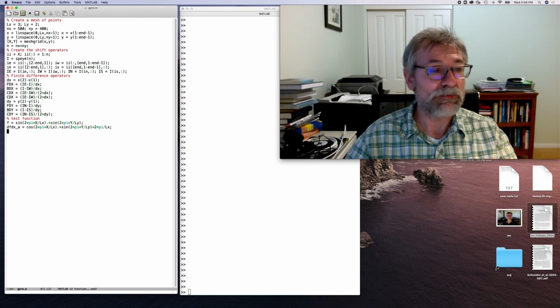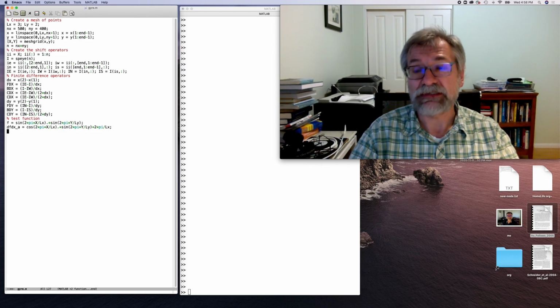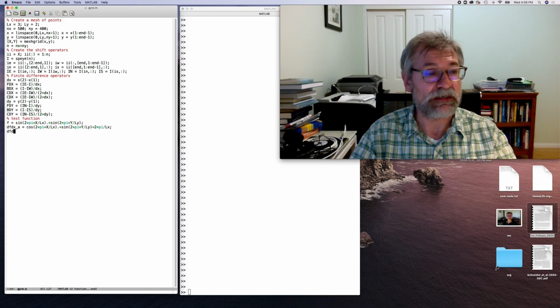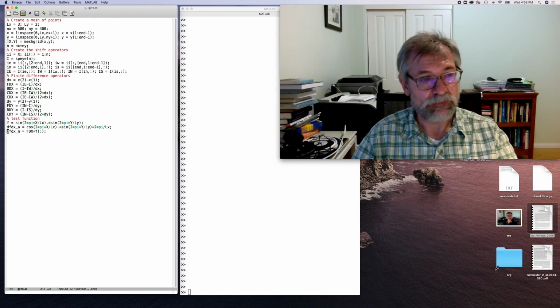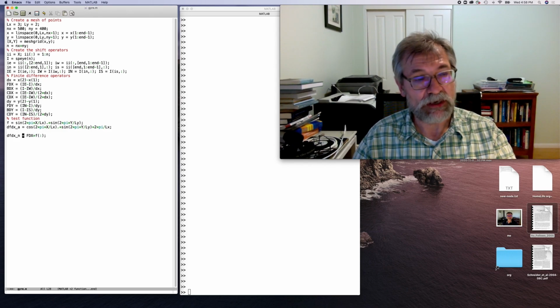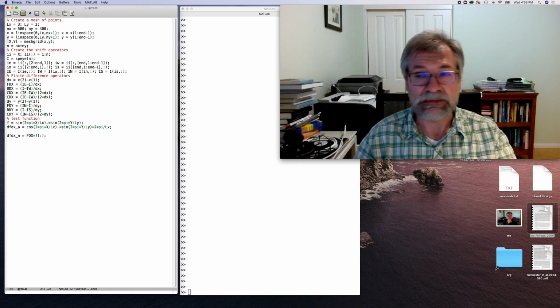Alright, and now we can also do the numerical approximation. So df/dx numerical is obtained by simply multiplying the forward difference operator dx with f. There's one more thing we need to do. The operator takes the 2D field f and converts it into a big 1D long vector.